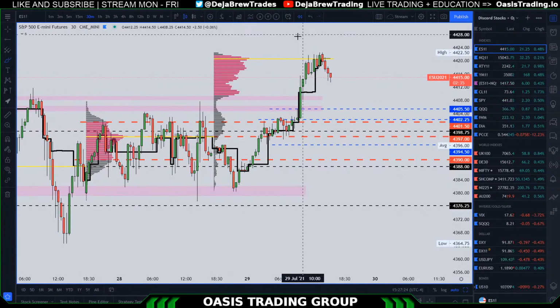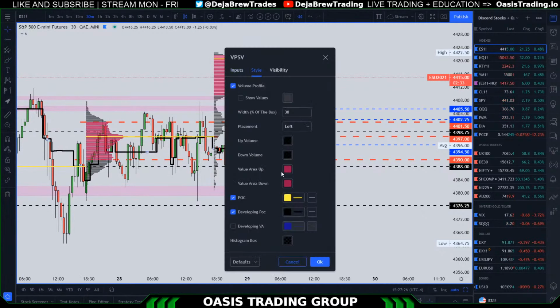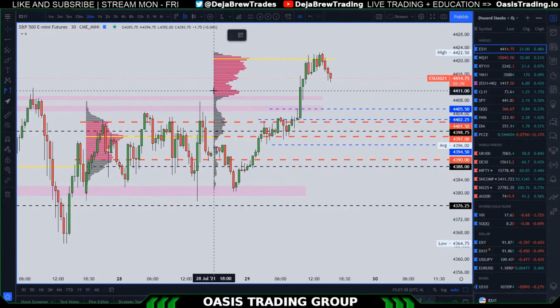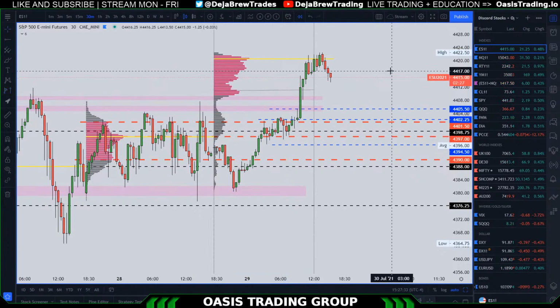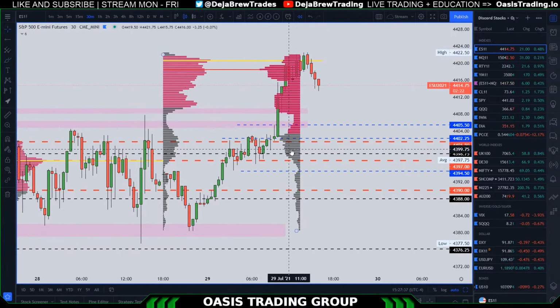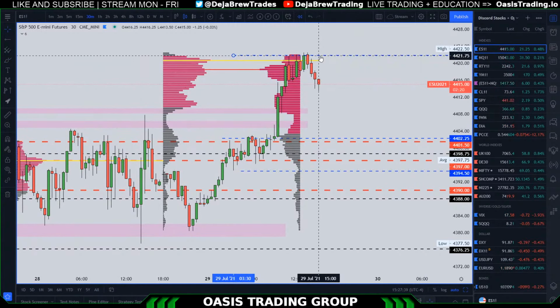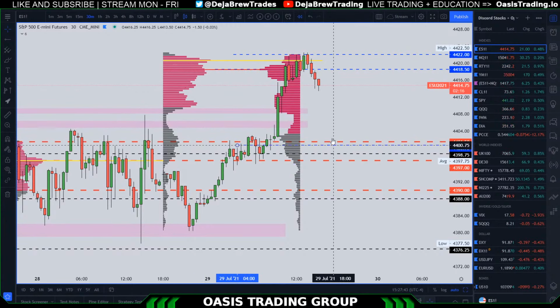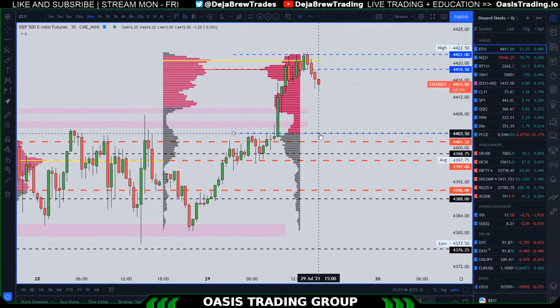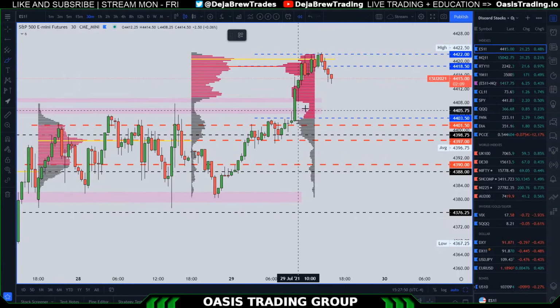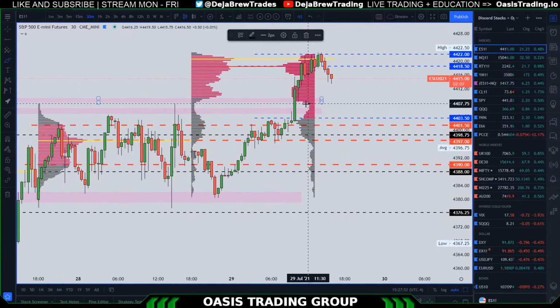Okay, so let's turn that off for now. And let's go back to our current profile. Okay, so we're shifting our POC higher. We're also shifting our value area high, our POC, and then our value area low. Okay, so this is our current value area, the blue lines. And then we have no really prevalent gaps. We've got a little gap there, but nothing too crazy about that.